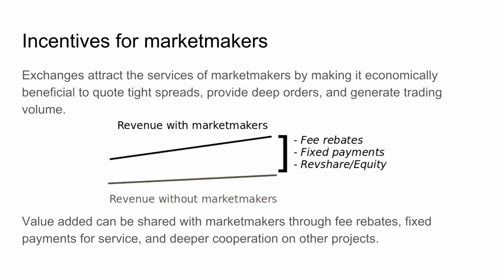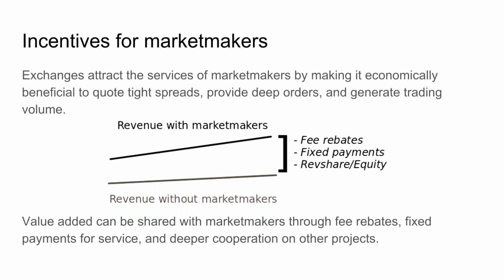So why or how does an exchange attract a particular market maker? How exactly or why does a market maker choose to provide liquidity for an instrument on one exchange versus another? The answer is pretty simple in legacy and crypto markets.